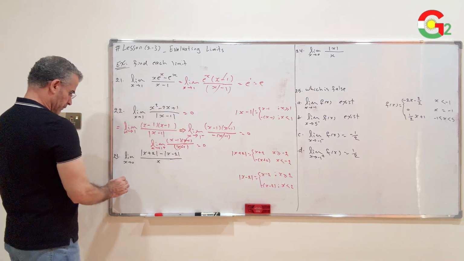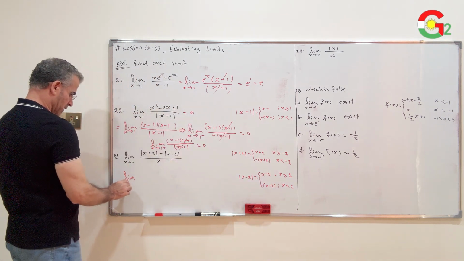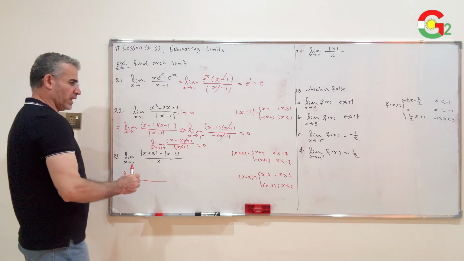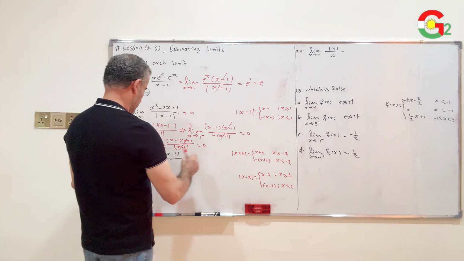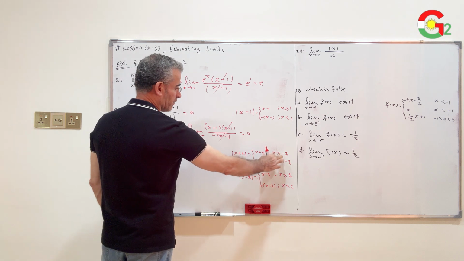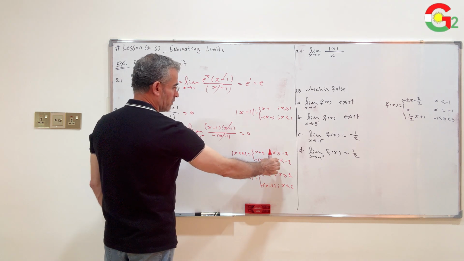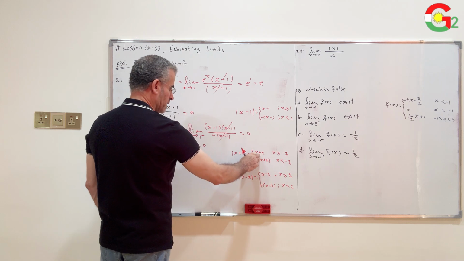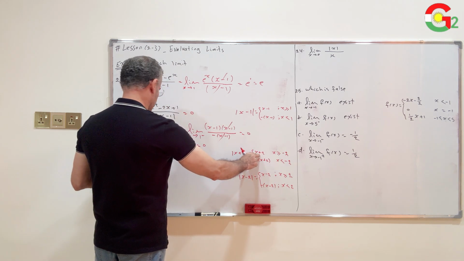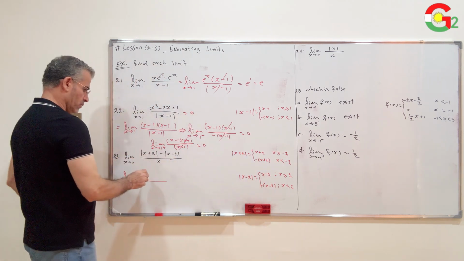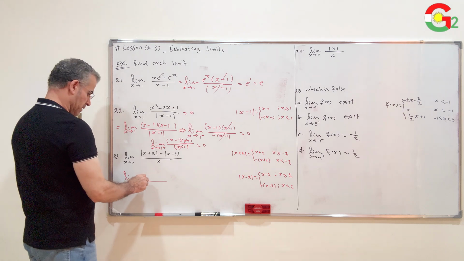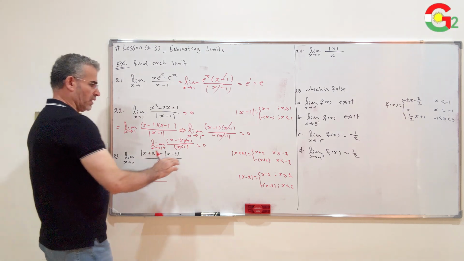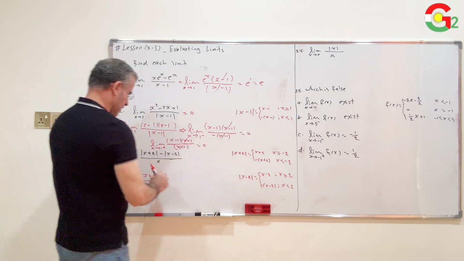Now, as x approaches 0, does 0 belong to this interval or this interval? 0 is greater than negative 2. Then I'll substitute the absolute value of x + 2 with x + 2, minus the absolute value of x - 2.